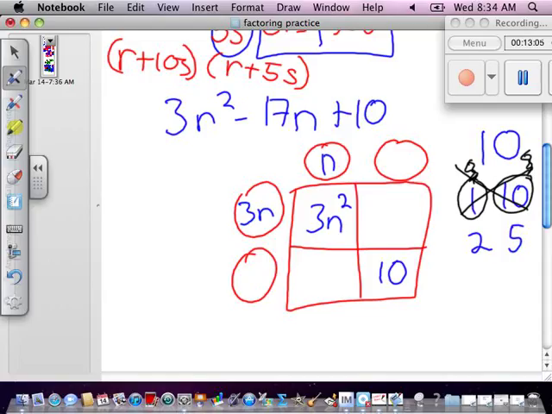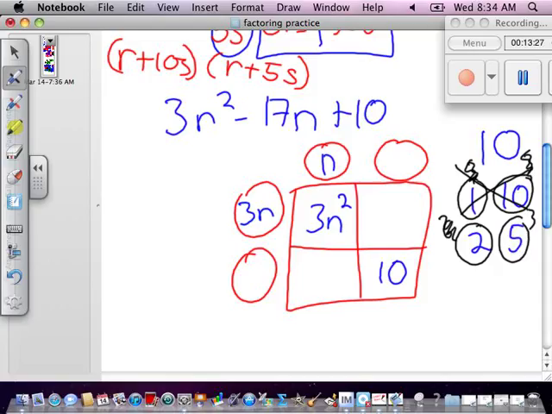All right, so I know it's not these. All right, 3 times 2 is 6. 6 plus 5 is 11. All right. 3 times 5 is 15 plus 2 is 17, so we're good. So we know we have 2 and 5, and the 5 has to be multiplied by the 3. So if I want to multiply it by the 3, where do I put it?